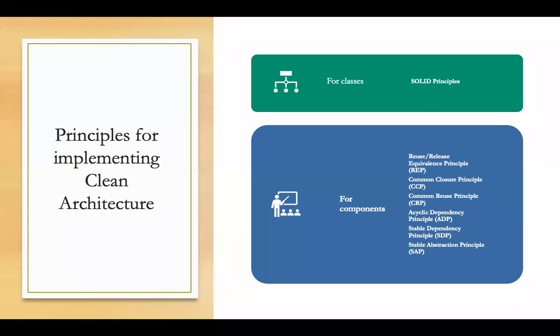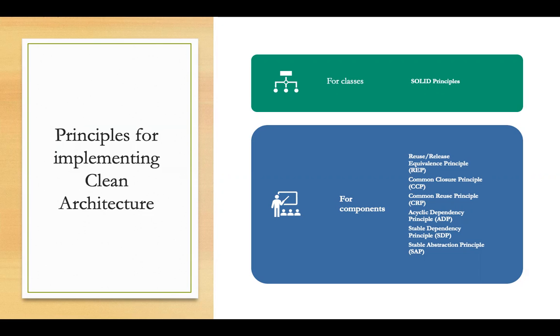Now let's talk about the principles that one needs to follow in order to implement clean architecture. Broadly, these principles can be classified into two categories. The first category comprises principles that we need to follow while designing classes. The second category is principles that we need to follow while designing components.